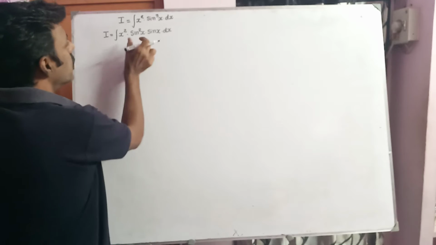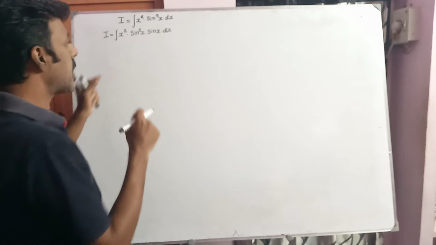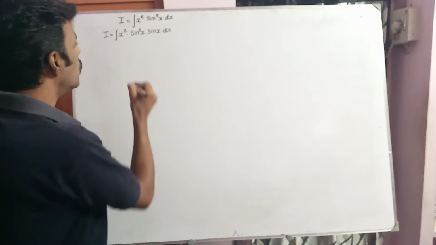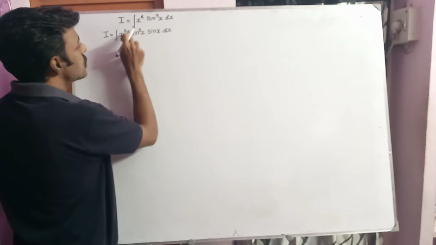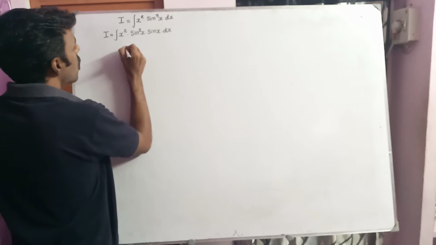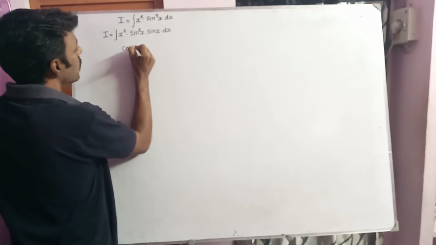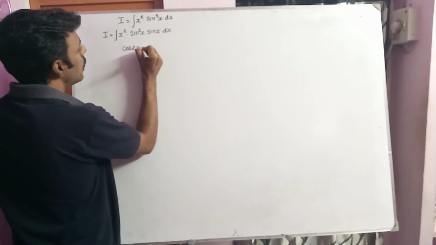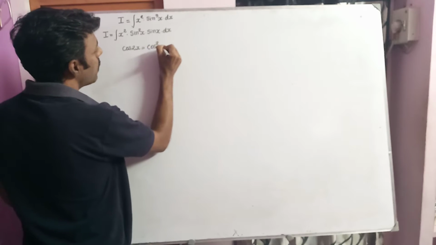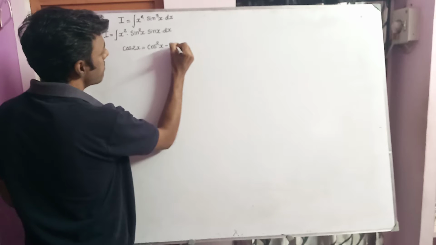Now what is sine squared x? I need to find a value for sine squared x. For that, we know that cos 2x equal to cos squared x minus sine squared x.